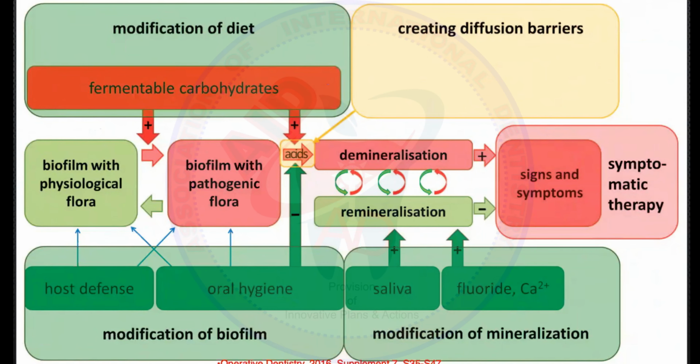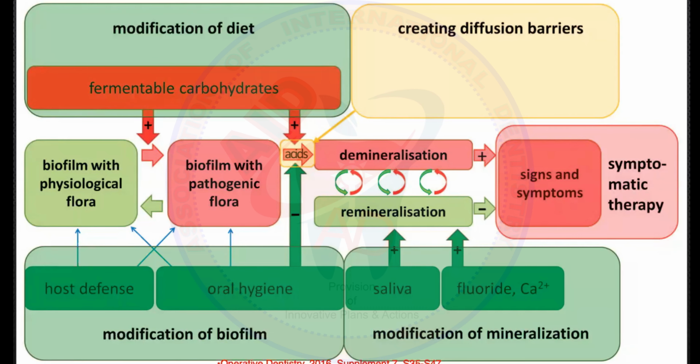No doubt oral hygiene is there, the host defense is there. So all these factors can modify the biofilm from pathological flora to physiological flora. And the same factors can change the biofilm with physiological flora to biofilm with pathogenic flora.